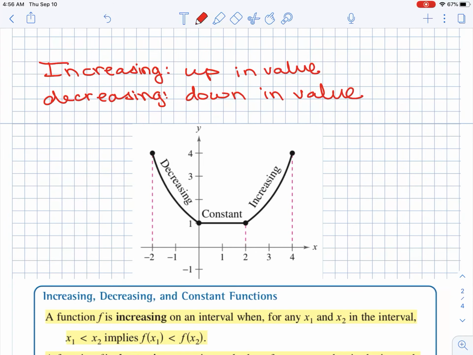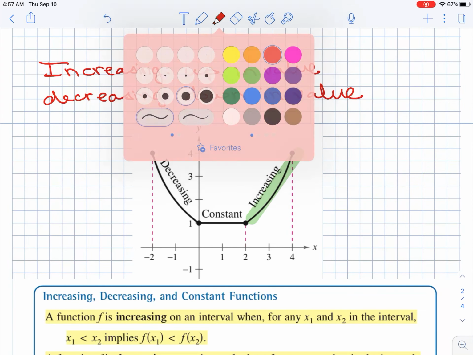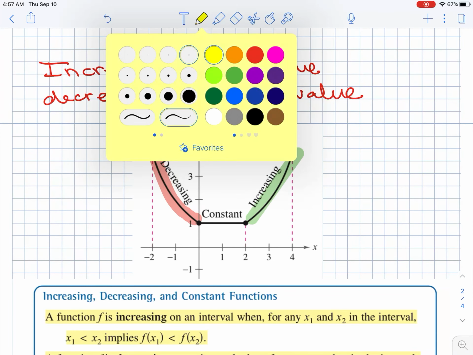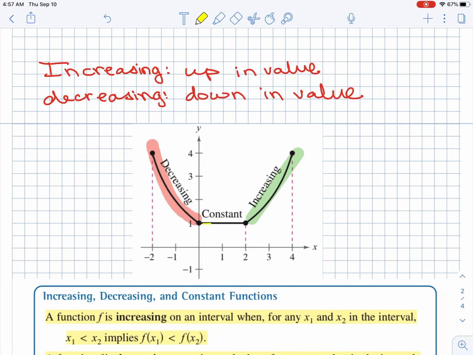So in a graph, we can see when something is increasing because it's going up. Like this part of this graph here, we can see that it's going up. Here on this part from left to right, we can see that it's going down. That's called decreasing. And this part in the middle, it's called a constant because it's not really increasing and it's not really decreasing. It's just a constant, okay?